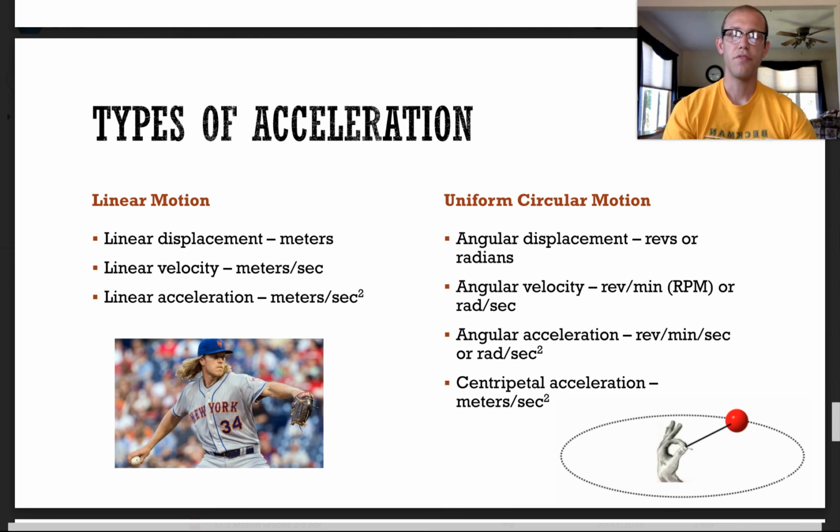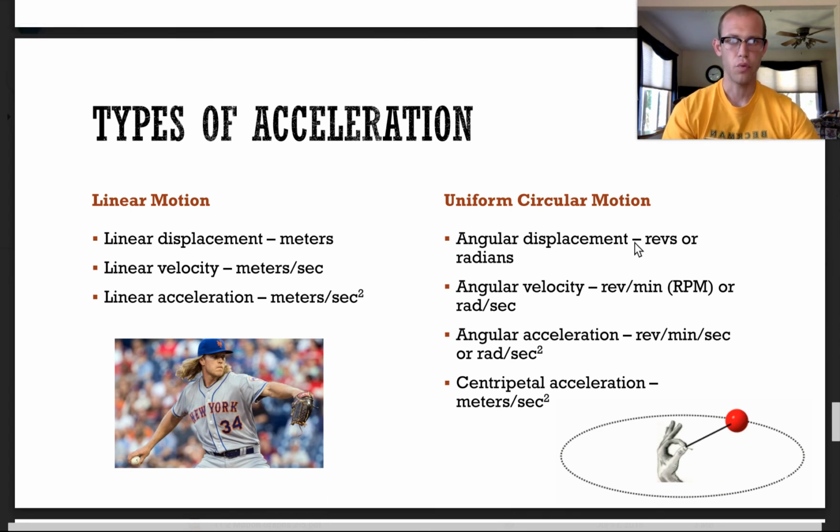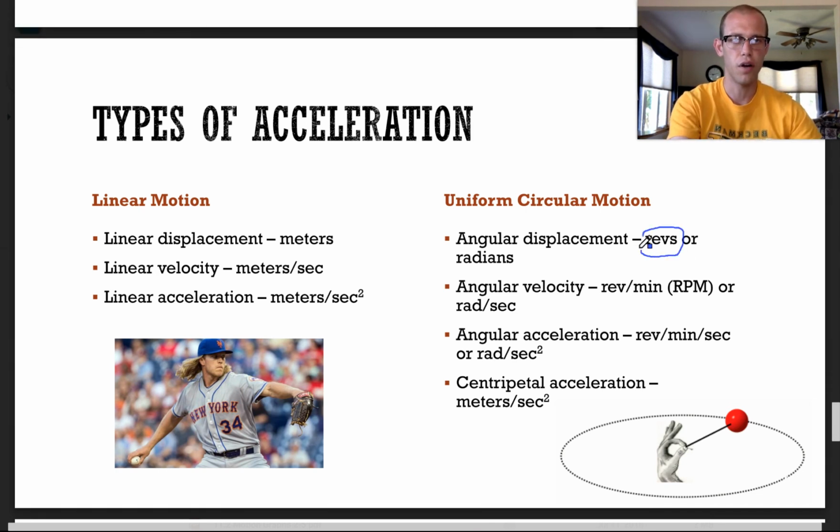But if you're ever doing things in a circle, going around a curve, spinning something, then we're talking about angular displacement, which is talked about in revolutions or radians. We're going to be talking about the revolution part. When you get to physics, you'll talk about the radians because you'll have the math for that.